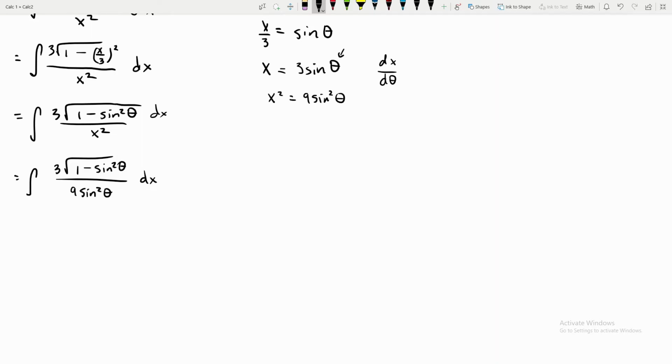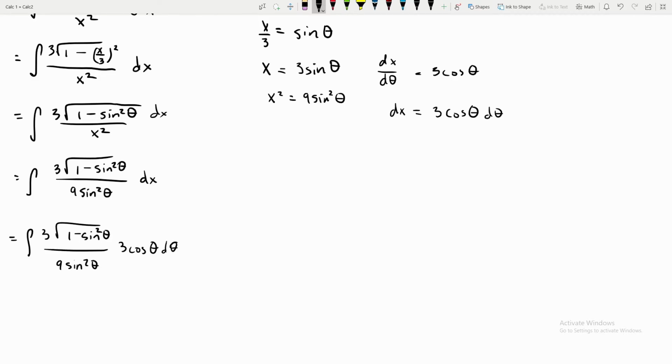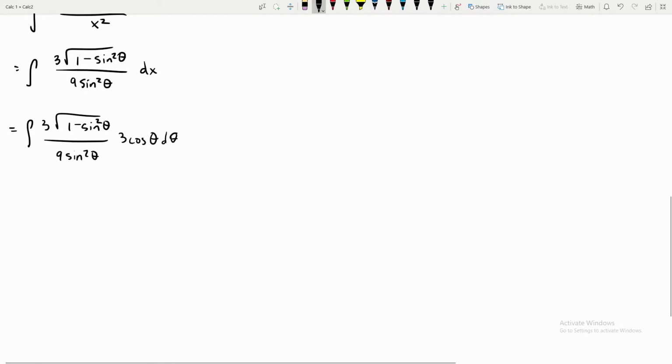Now dx over d theta is going to equal 3 times cosine of theta, and then dx is going to equal 3 times the cosine of theta d theta. So now we can make our last substitution in here. And there you go. We have finally gotten rid of all the x variables and everything looks good.